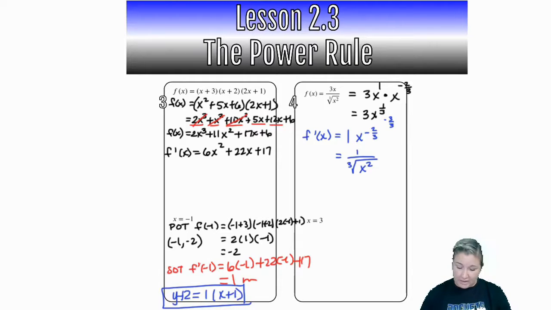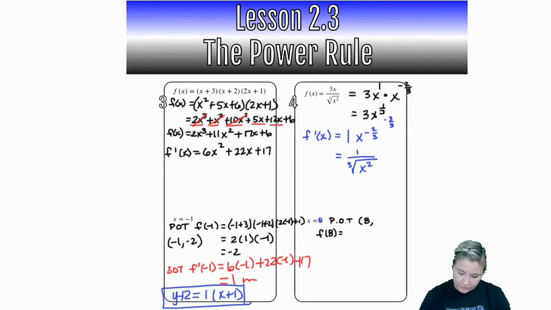So now I'm going to find the slope of the tangent line at x equals 8. I did that because it's really nice and pretty. So remember, the point of tangency is going to be at 8, something. I need to find that something. So f of 8 is going to help me find that.